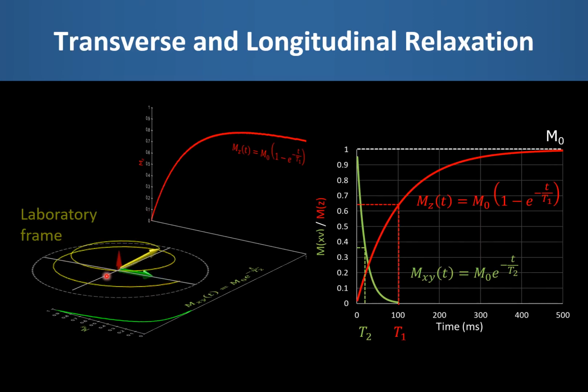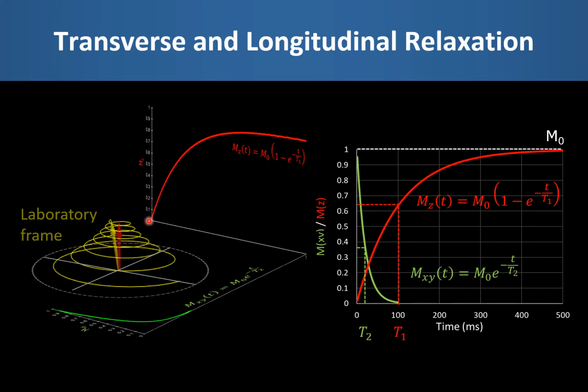Here we can see the relaxation in the laboratory frame as the yellow arrow spirals back up to equilibrium. Sometimes this is called the witch's hat. But we can also look in the rotating frame of reference, whereby we see the green transverse component decaying due to T2 relaxation, and we see the red longitudinal component recovering due to T1 recovery.